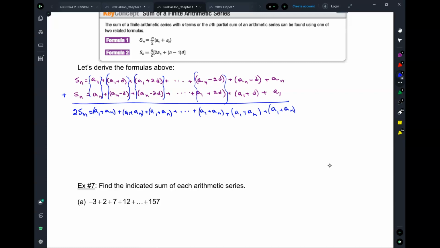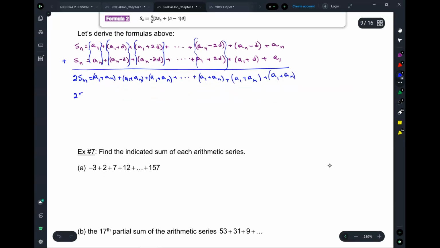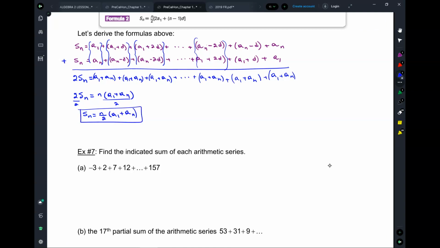So you would have n number of terms here. So another way I can write this is 2Sn is equal to n times a1 plus an. And so what's the sum then? Divide by 2. Sn is n over 2 times a1 plus an.